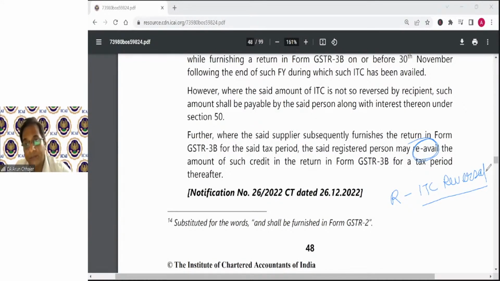The reversed ITC can be reclaimed at any time. In rule 37 we read, whenever the recipient makes the payment to the supplier. In rule 37A, what did we read? When the supplier makes the payment to the government, this reversed ITC can be reclaimed by the recipient at any point of time in future. Is it okay?